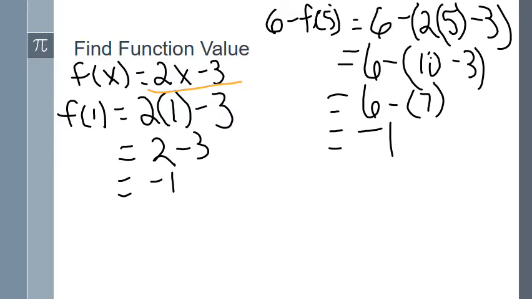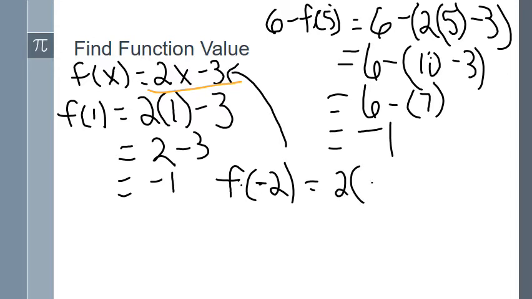Let's see if we can get another one in here, one that's not quite as weird as that. Let's say we're being asked to find what is f of minus 2. Minus 2. So here we go. We're going to plug this back into our function equation of 2x minus 3.